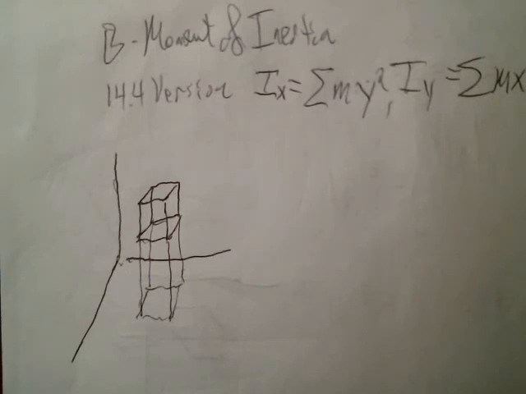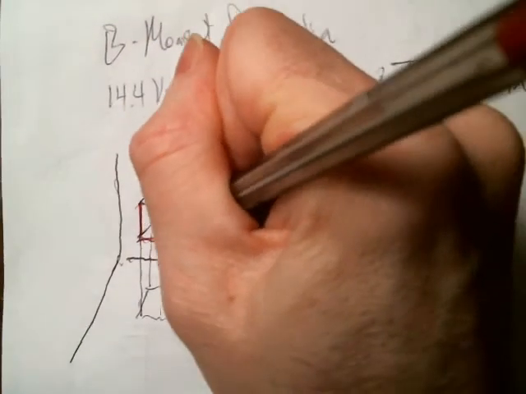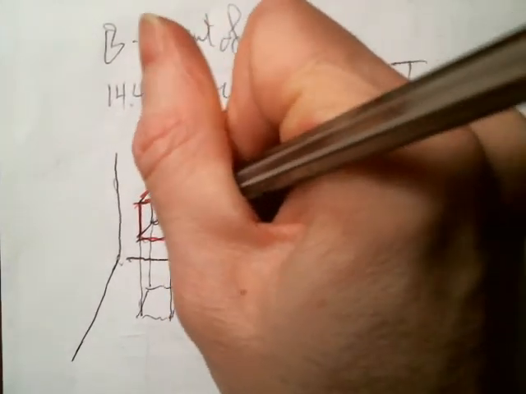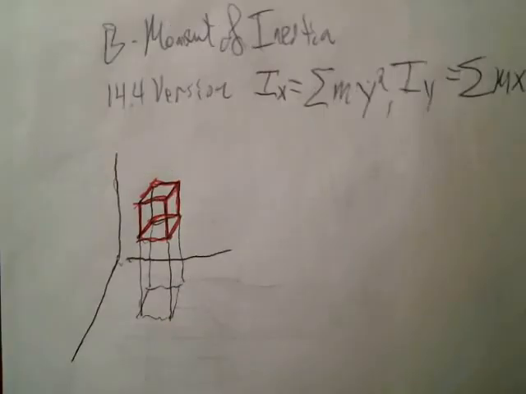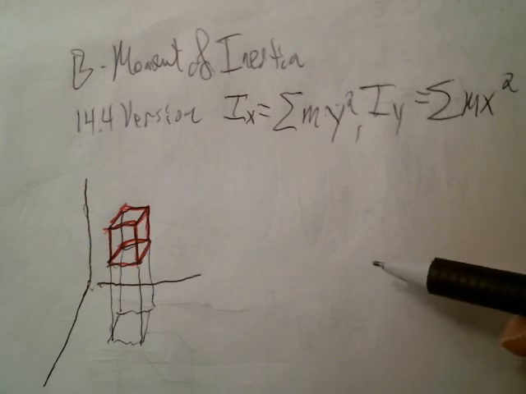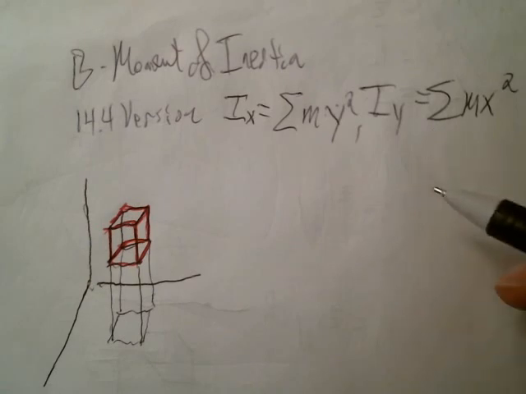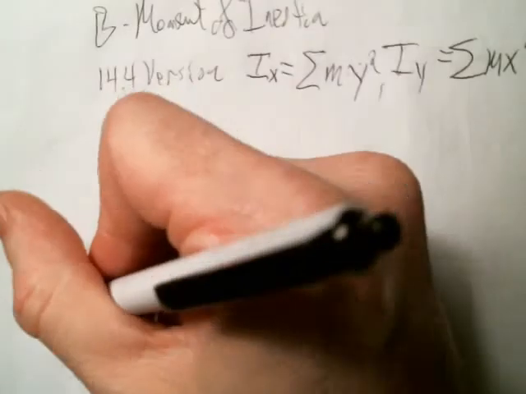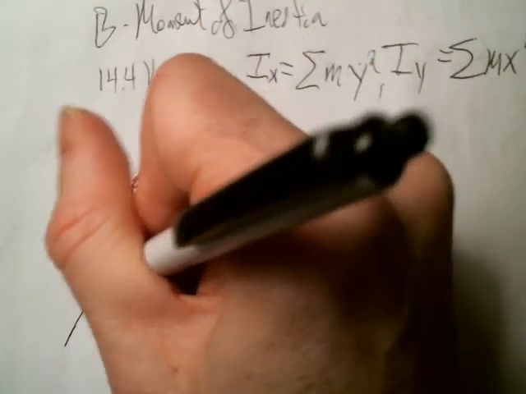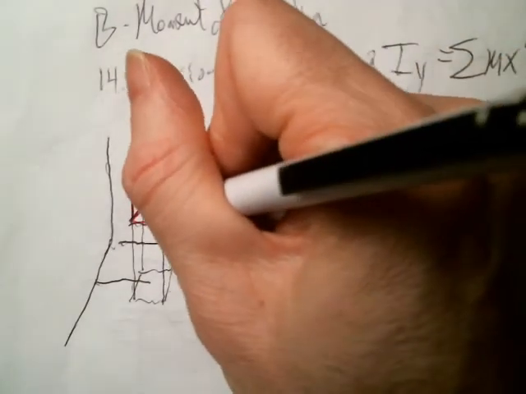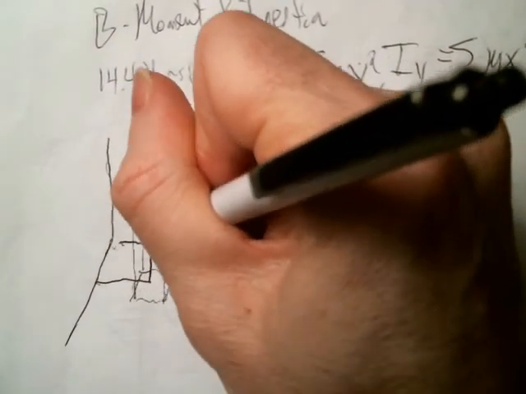I need to get the distances of this cube from the particular axes that we're worried about, and then square that. Okay. So it's not just going to be the triple integral of rho times y squared, for instance, for the moment of inertia about the x-axis. Instead, what I'm going to have to do is use the Pythagorean theorem here.